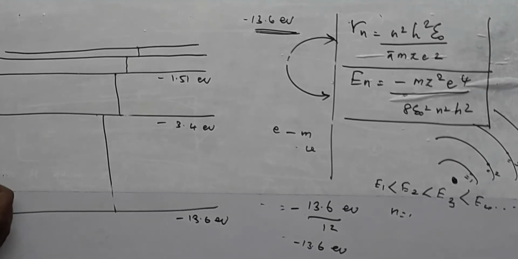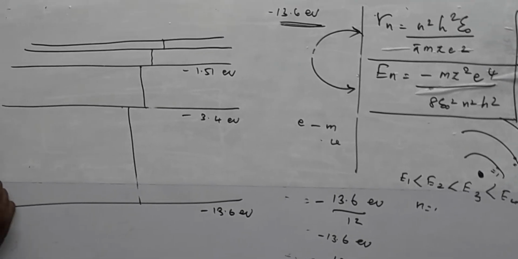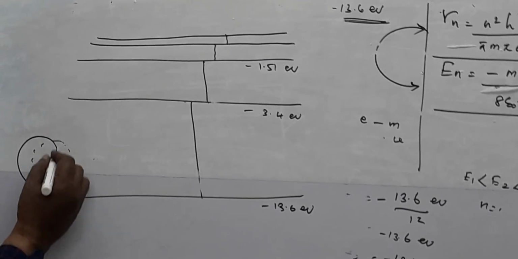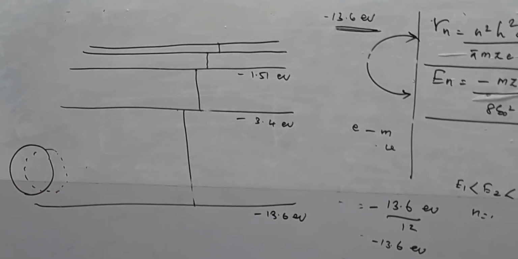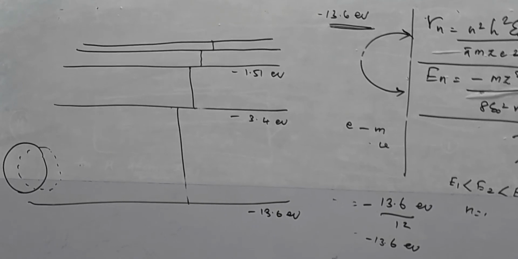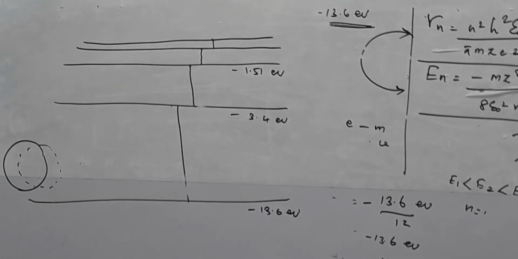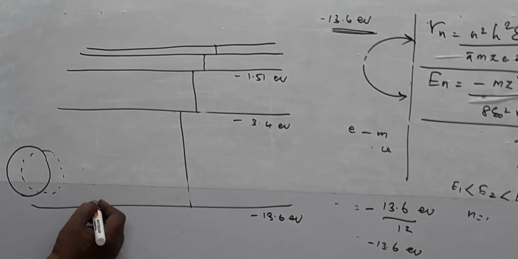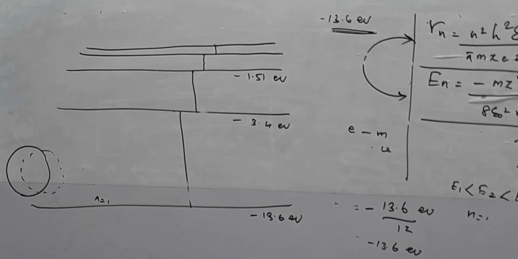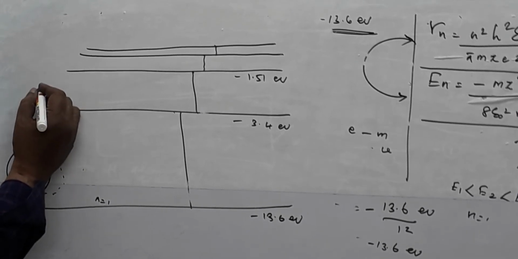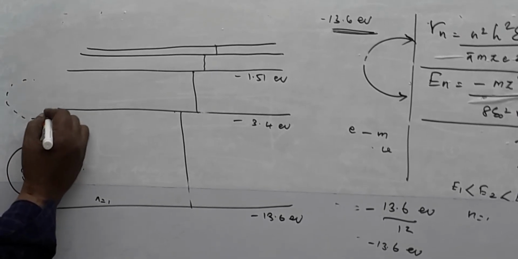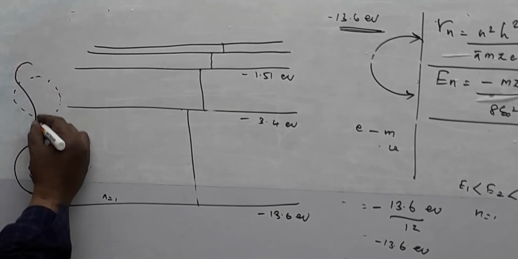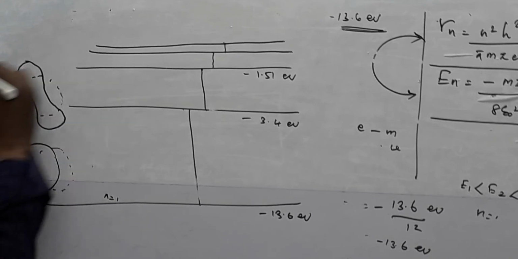In the first orbit, we have to draw the figure, as shown. This is the energy levels of the hydrogen atom. This is when n is equal to 1. This is the diagram. When n is equal to 2, then you have to draw a circle with 2 waves like this.